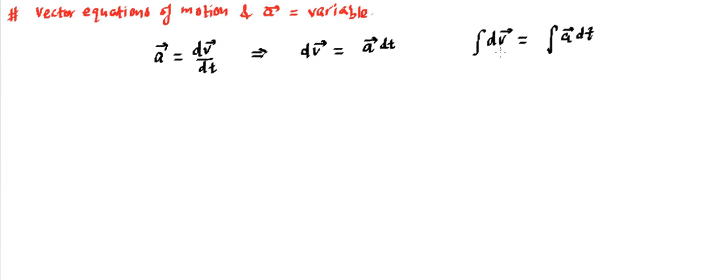So there has to be a limit over here, so we will say initial velocity u, initial time 0, final velocity v, final time t. Now integrating the left hand side becomes easy because it's simply v, it's going to come out as a v vector. So whatever is coming with d, that becomes the integration of dv. So there's going to be a limit as well, so initial to final.